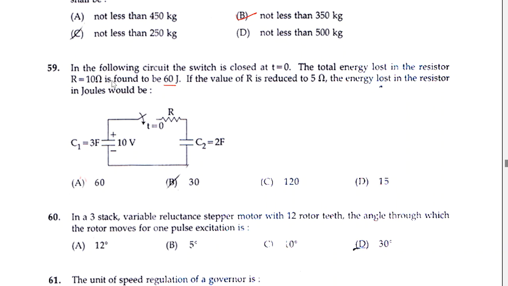That means here, even though you are changing the resistance value, the current value may change, but the energy dissipation will remain the same. So understand the concept here. Even though you change the value of resistance here, okay, so P is equal to I square into R. Current value may change, but the overall energy dissipation will remain the same. So answer will be A as 60.